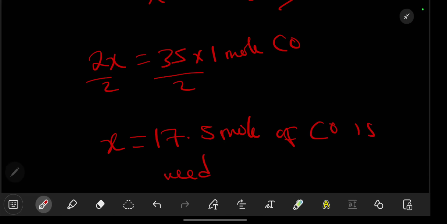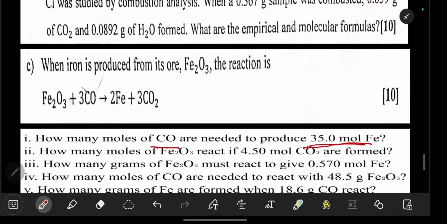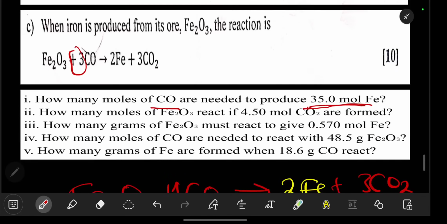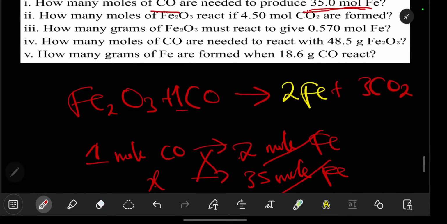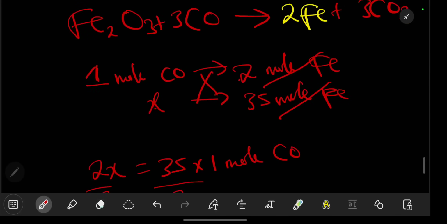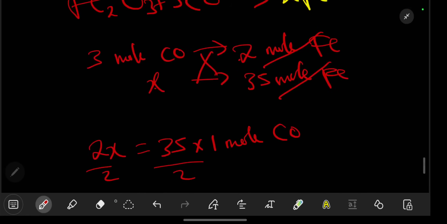So let me check, is this what we are given? Is the equation balanced? Okay, there's a mistake. The equation is balanced by a 3, very, very important. So we have 3 here, so we are going to multiply our 3 times 35 there.